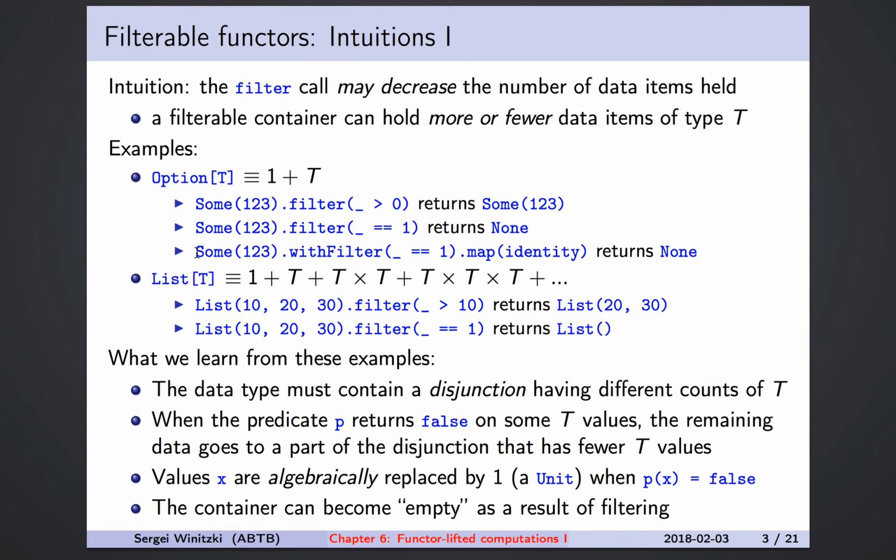Also, you can use filter on an option that actually returns a different type, not option, but that type is isomorphic to option. So it still has all the same methods as the option has. It has map, it also has filter, and so on.